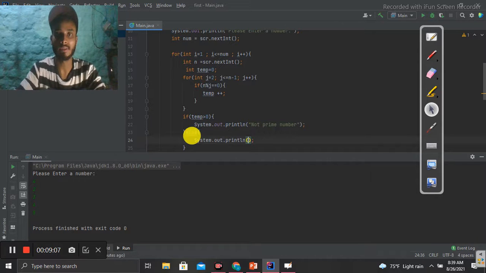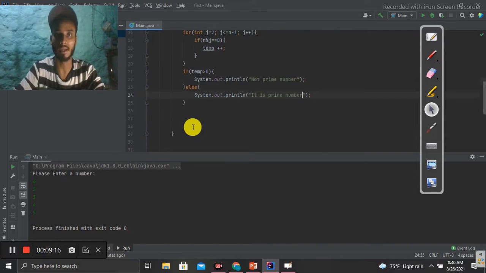Otherwise, else print it is a prime number. Once again, run this code and I will tell you once again.